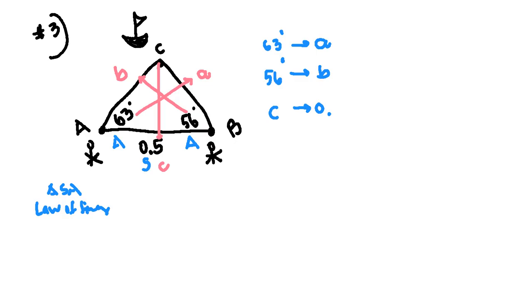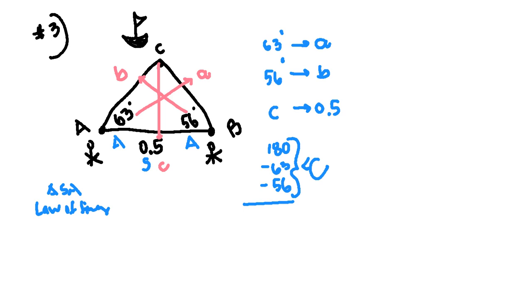I feel like I'm missing something. Oh, side angle C. Yes, I'm missing something. Angle C we can get from doing 180 minus 63 minus 56. This will give us angle C. And so angle C is, I can't read my work. I think that's 61, but let me put it in my calculator.